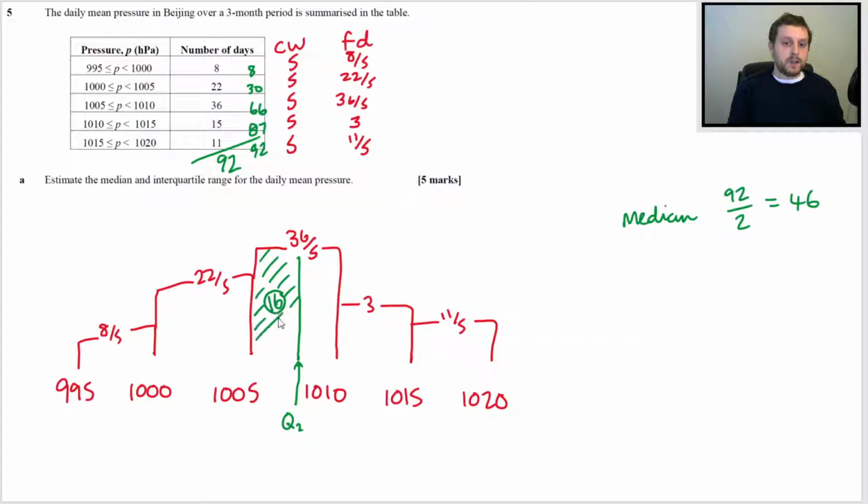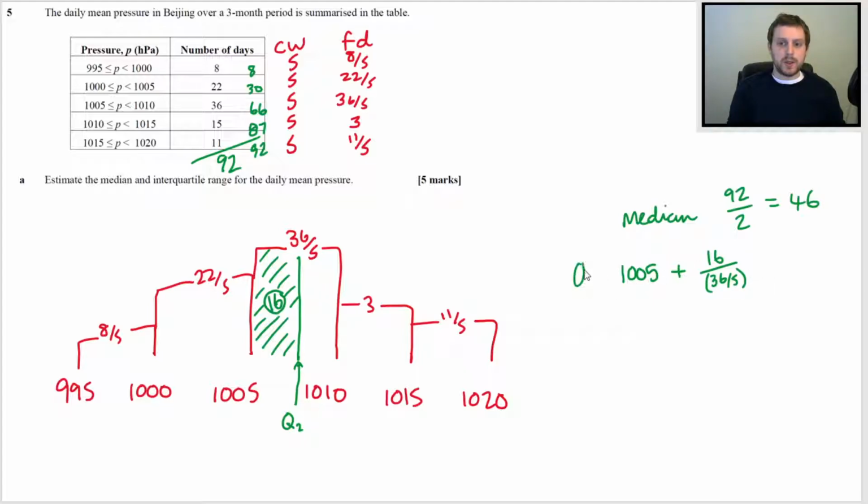So the estimate for the median will be 1005, because that's where we start. We start at 1005 plus this area divided by the width. The width is going to be the area divided by the height. Apologies. So I'm going to have 16 divided by 36 over 5. So 16 over 36 over 5.